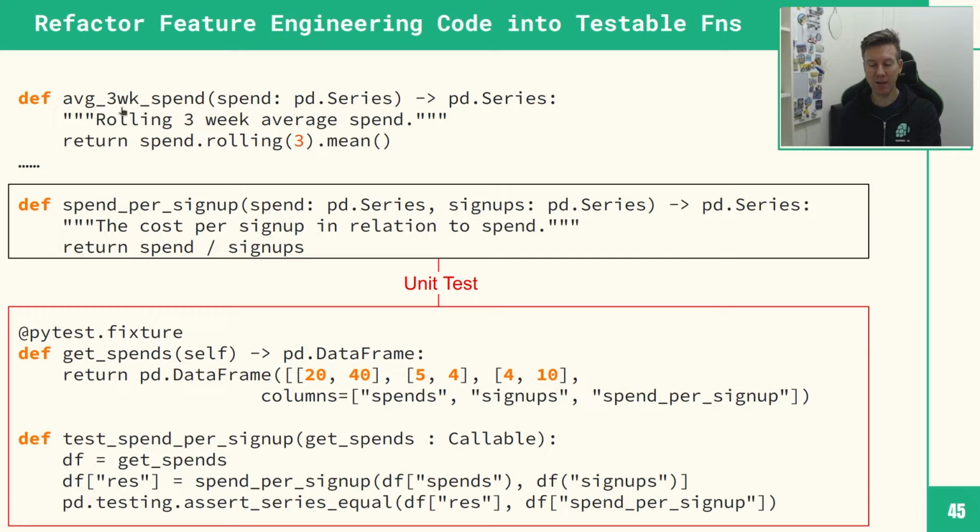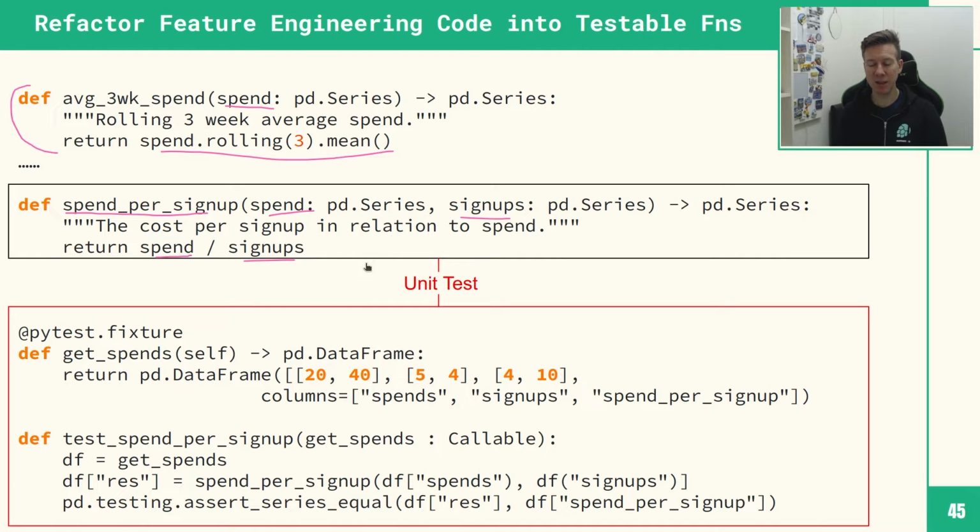If we take the average 3-week spend computed on the previous slide, we can see that we define it as a function now. It takes in as a column the value spend, and then it computes this rolling 3-week average over the series. Another feature that we have here is spend per signup. This is going to take in the amount of money spent and the number of signups, and it's going to divide the spend by the number of signups.